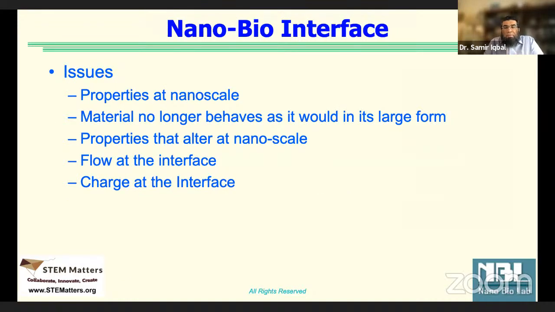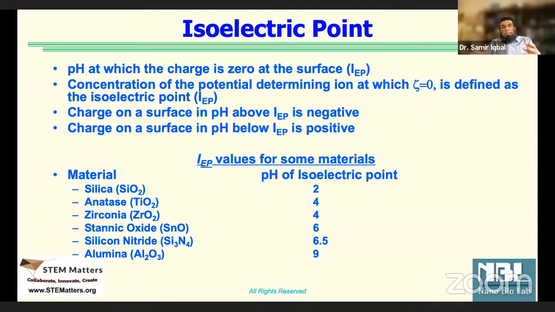So, charge at the interface: the zeta potential results in a specific charge accumulation, and that charge can then be neutralized by changing the pH. So it is the potential where the pH will be adjusted in a way that it would neutralize the charge from the surface.